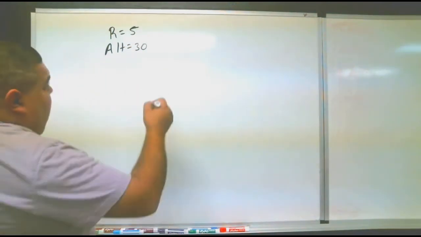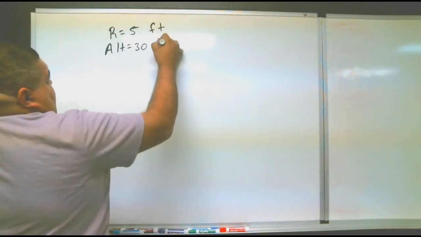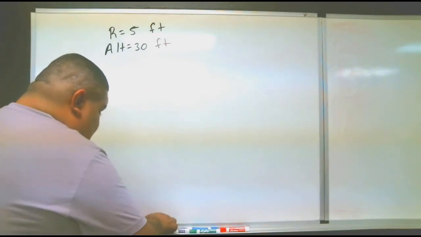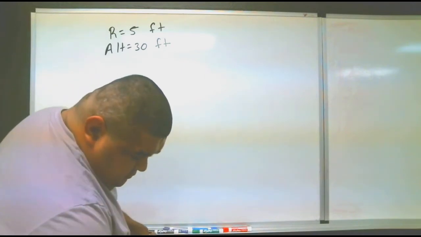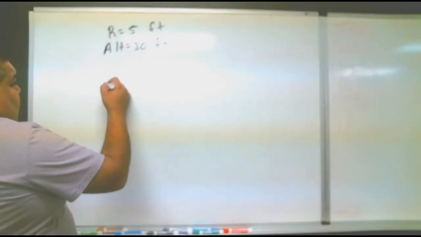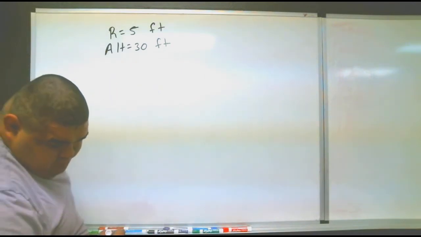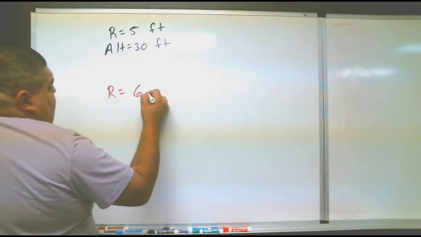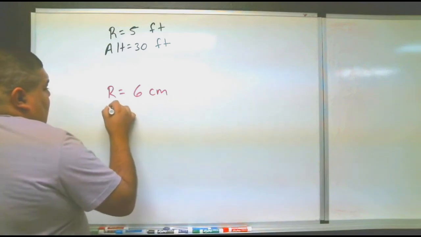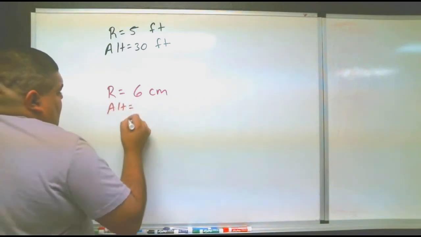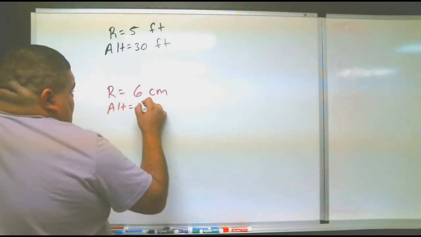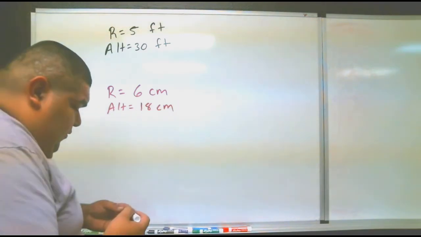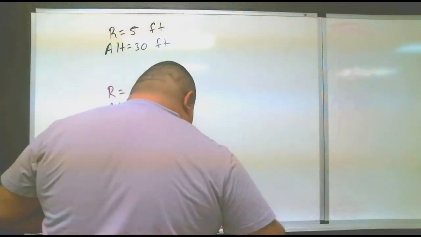This is all feet. We have another one with, let's go with the radius of 6 centimeters and the altitude of 18 centimeters, okay? And for the final one, okay?